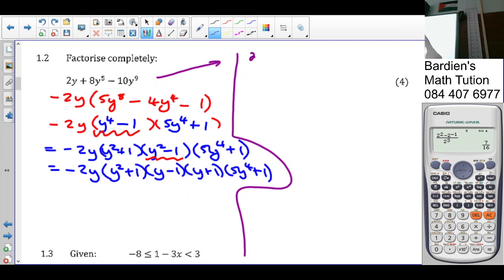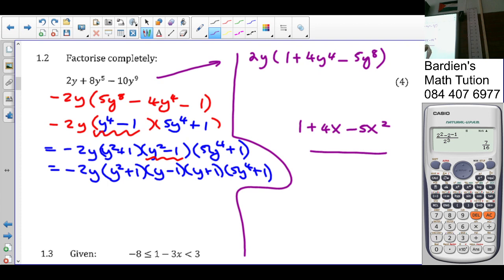So it'll be 2y as a common factor. I'm then left with 1 plus 4y^4 minus 5y^8. You say okay. The y to the exponent 4 can be written as an x. So it's 1 plus 4x minus 5x squared. See that?